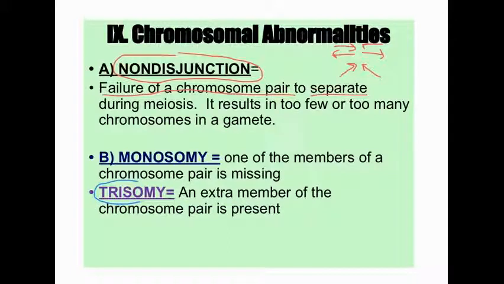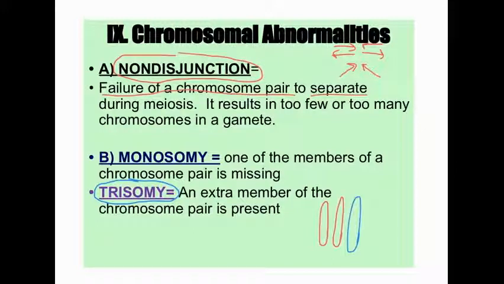If that gamete is involved in fertilization, that individual, instead of having 2 of each chromosome, one from mom, one from dad, might have 3 of one of their chromosome pairs. So they might get maybe 2 from mom and 1 from dad.